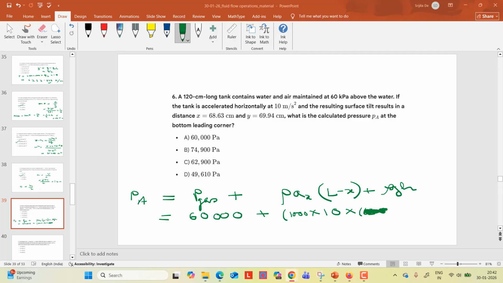So horizontal pressure means 1.2 minus 0.6863, and this again comes to rho is 1000 into 9.81, and vertical pressure is 1.